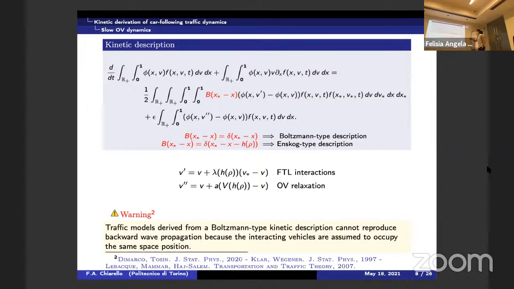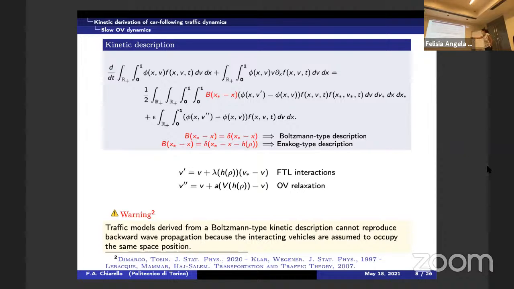We can choose this collision kernel. In particular, if we choose the collision kernel equal to the delta in x minus x, we have the classical Boltzmann type of description. If we choose the collision kernel like this, we get the Enskog type kinetic description.